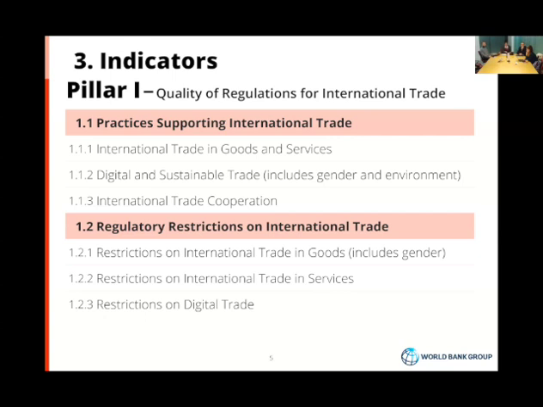We all understand as international trade practitioners that having an adequate legal framework is important to facilitate international trade. Not only does it ensure compliance, attract investments, and make the business environment more competitive, good practices on digital and sustainable trade are also important to promote access to digital markets, innovation, reduce environmental impact, and support sustainable trade growth.